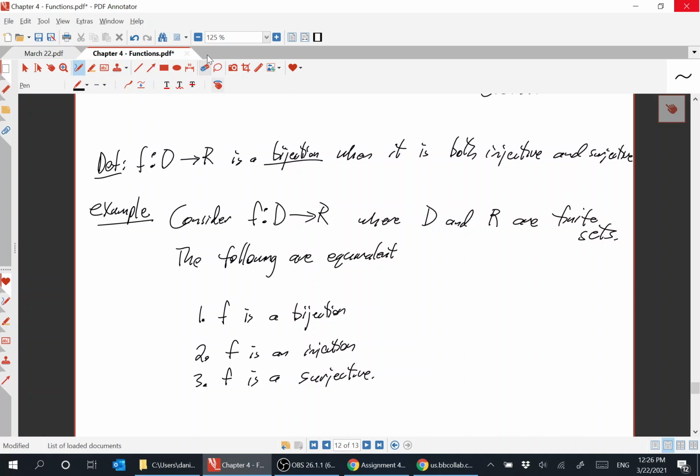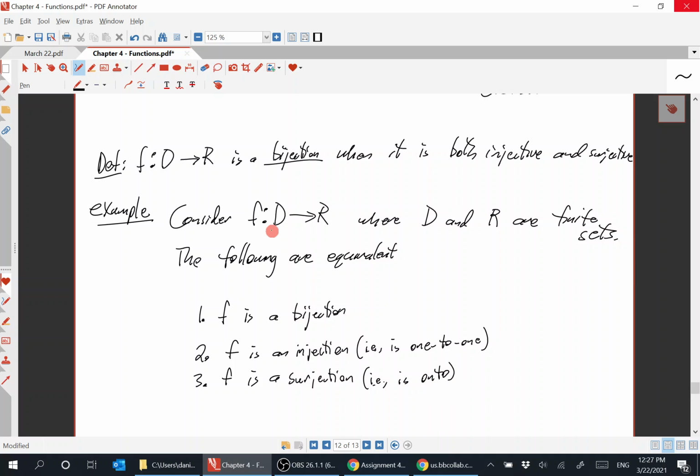So, for example, f is a bijection when it is both injective and surjective. Remember, injective means one-to-one, surjective means onto. All right, in other words, is one-to-one. In other words, is onto.